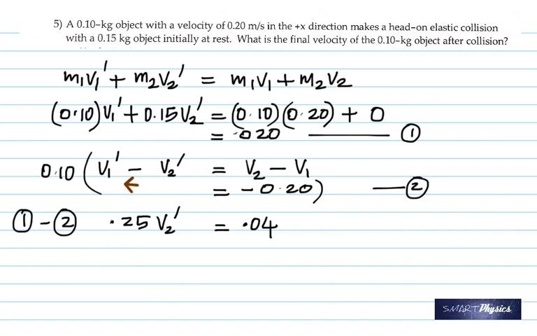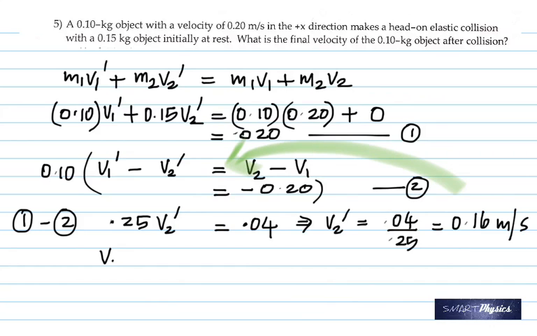And here you see, actually you'll have to multiply this with this, and then there's 0.15 minus of minus 0.10. That's why it's plus 0.25 gives 0.04. So V2 prime is 0.04 by 0.25, which is 0.16 meter per second. Now substitute that into this equation, and we can find V1 prime.